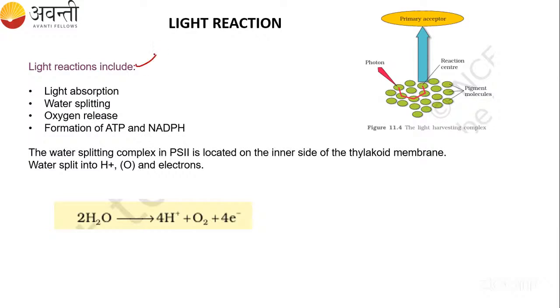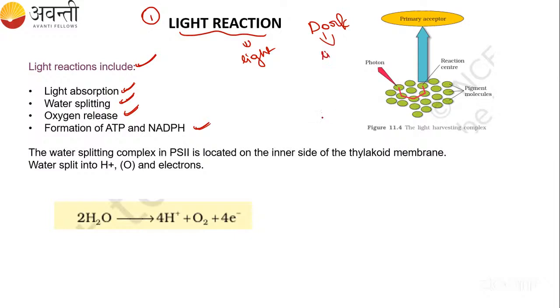Here you can see, guys, the light reaction mainly includes light absorption, water splitting, oxygen release, and formation of ATP and NADPH. There are two reactions, right? The light reaction, which is light dependent, where light is important. Whereas the dark reaction or photosynthesizing phase is where the organic compound is going to be synthesized.